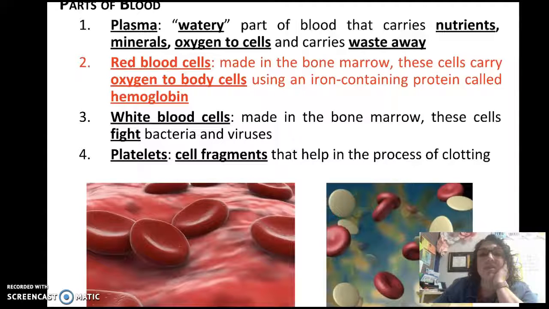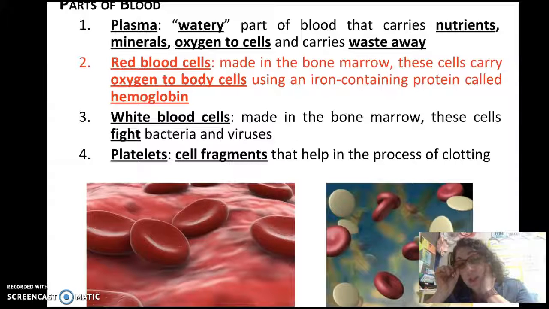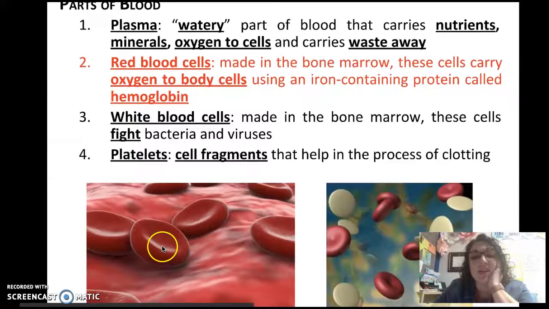The red blood cells are made in your bone marrow, so that's one of the jobs of the skeletal system, to make red blood cells. The cells carry the oxygen to your body cells using a protein called hemoglobin. On this flat part right here is an iron hemoglobin protein, and the oxygen molecules stick to there, and they get carried out to the rest of your body.